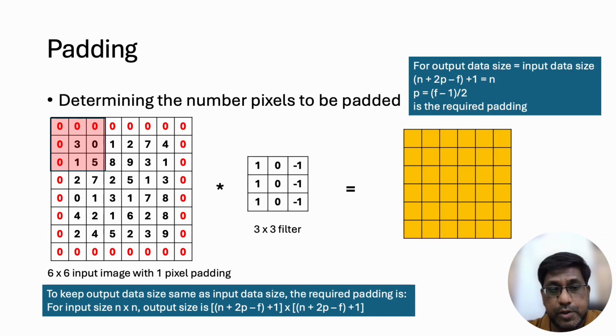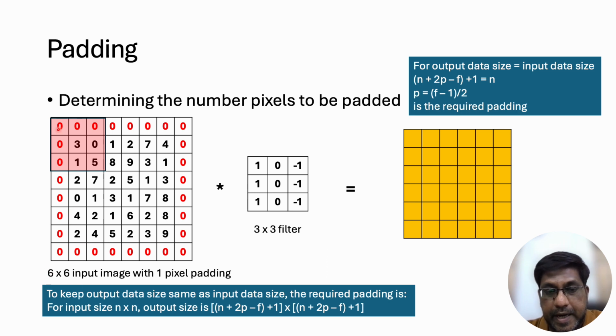And then we also saw how we can control the width and height of the output image by performing padding on the input image. So there might be situations where we want the output size to be the same as the input size, in which case we can use some padding of pixels around the actual input image, and that way we can get an output image which has the same dimension as the input image. In this case, the input image is 6x6.